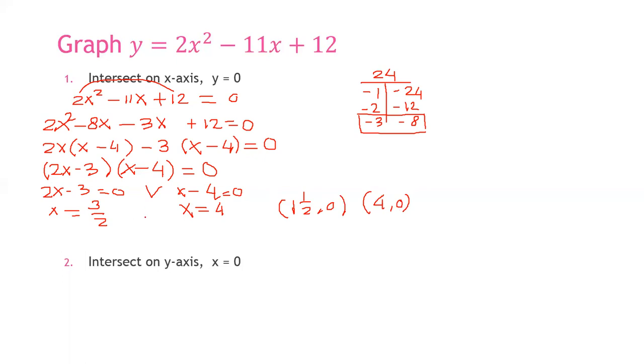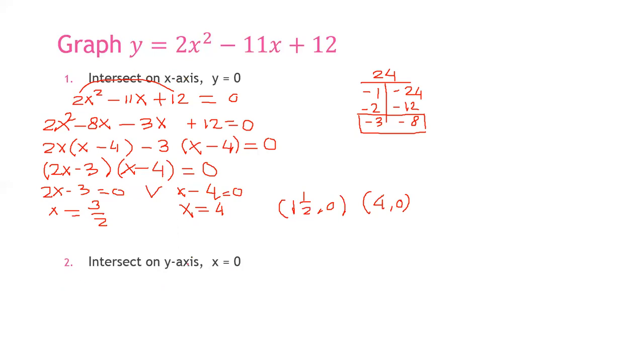And the next step, we're going to find the intersect between this function and the y-axis. Because now we already found the intersect between these functions and the x-axis. Now we are going to find the intersect between these functions and the y-axis through an assumption that x equals 0.